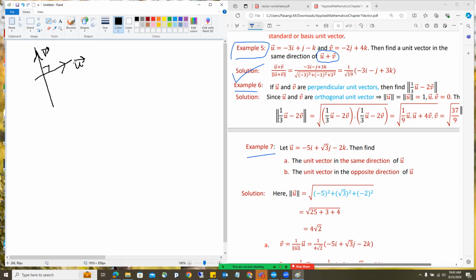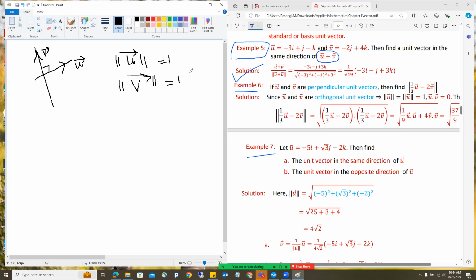So this vector u and vector v are perpendicular unit vectors, which means the magnitude of these ones equals 1, right? If we take the magnitude of this vector u, that equals 1. If we take the magnitude of this vector v, that's also equal to 1.